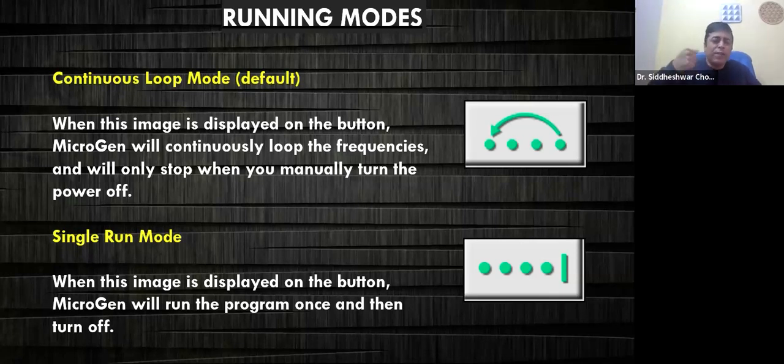If you want only 15 minutes, not more, then you will have to select single run mode. You will have to get this icon displayed. That means it is only going to run for 15 minutes and turn off after that.